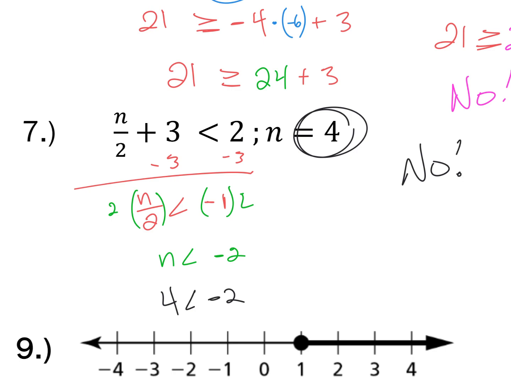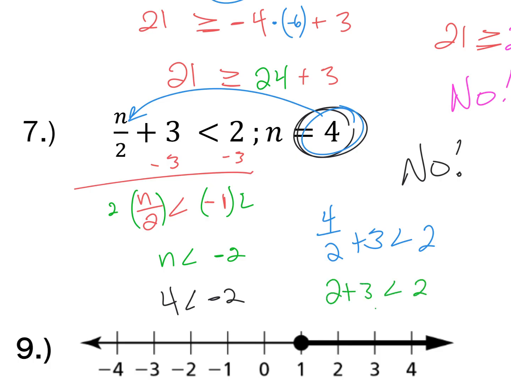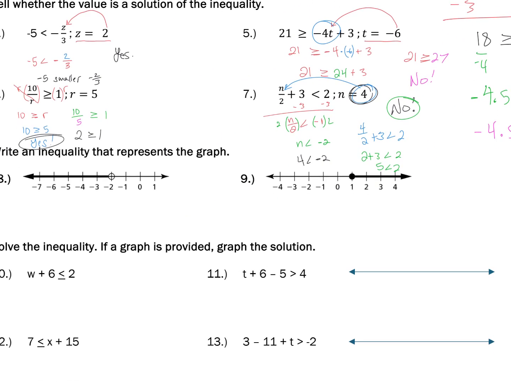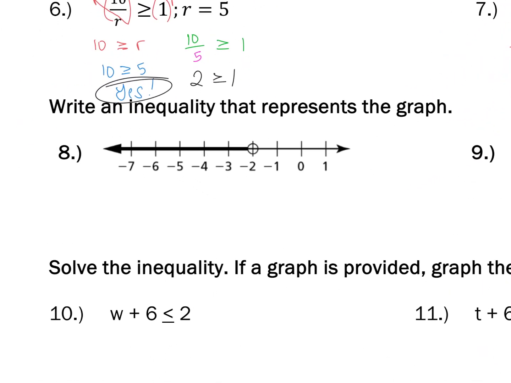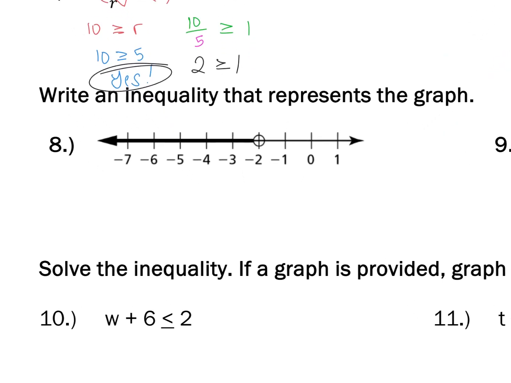Nope. And if you don't believe me, now let's take this 4 and plug it in. 4 over 2 plus 3, is that less than 2? Well, 4 over 2 is 2. Is 5 less than 2? Still no. Okay?